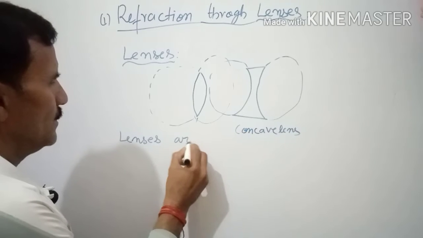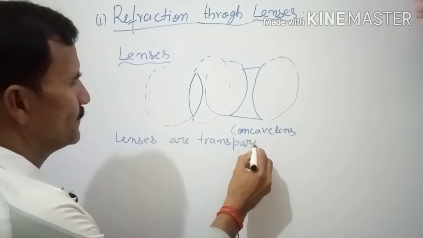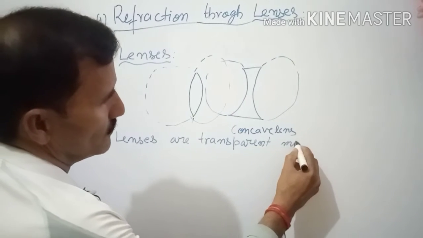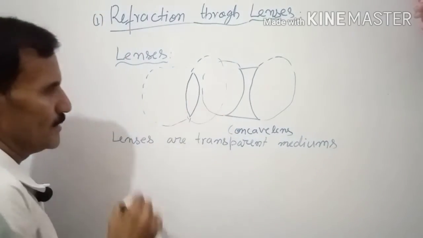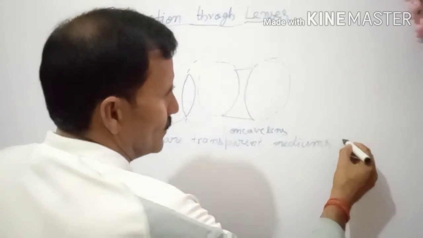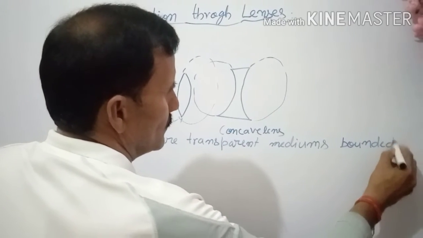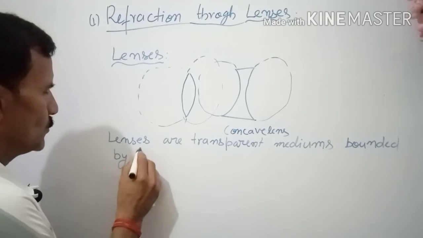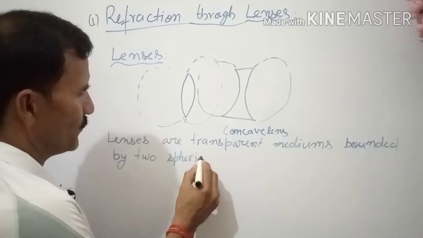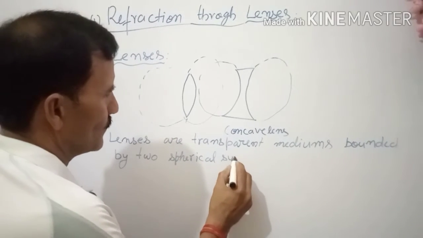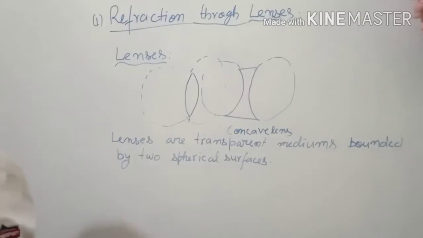Lenses are transparent mediums, don't say glass only, it can be of any transparent medium, bounded by two spherical surfaces. Okay, so this is the definition of the lens.